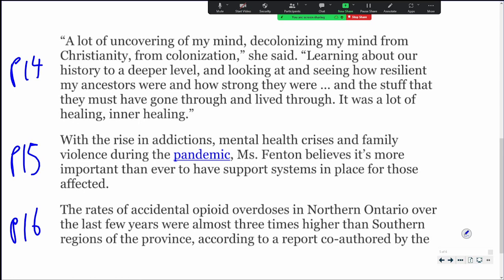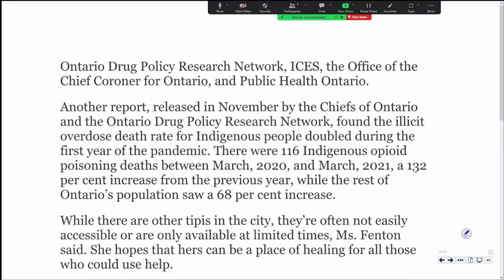The rates of accidental opioid overdoses in Northern Ontario over the last few years were almost 3 times higher than southern regions of the province, according to a report co-authored by the Ontario Drug Policy Research Network, ICES, the Office of the Chief Coroner for Ontario, and Public Health Ontario.